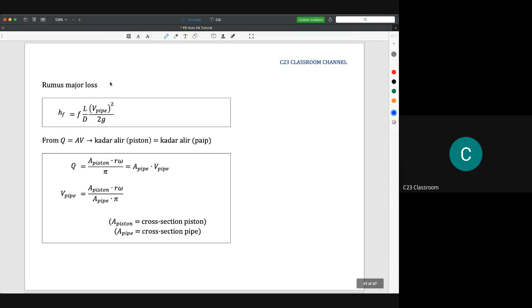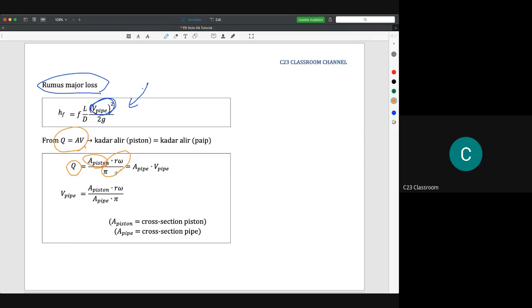Then for the major loss here, the equation is f times L over D times V square over 2g. And then we need to calculate the velocity. The velocity can be calculated by the idea of Q is equal to AV. So we could calculate Q is equal to A for the piston times R omega over pi, which means the speed of the piston.